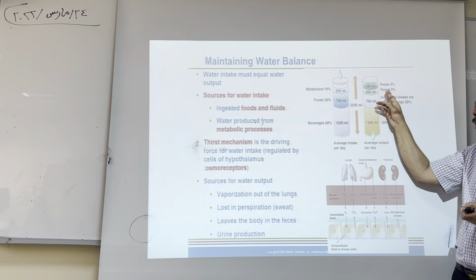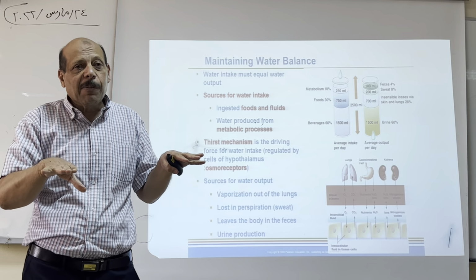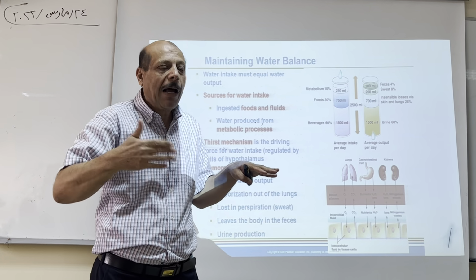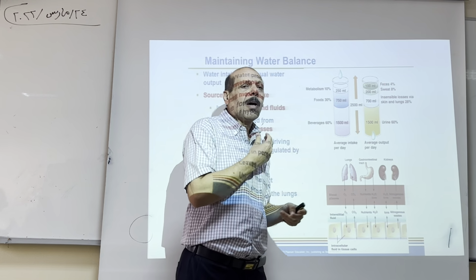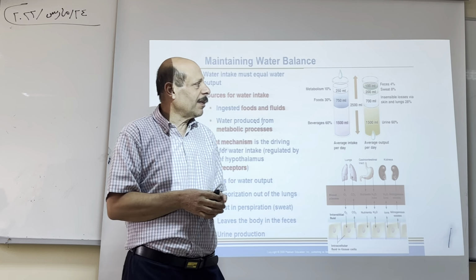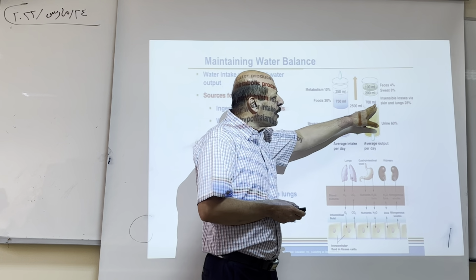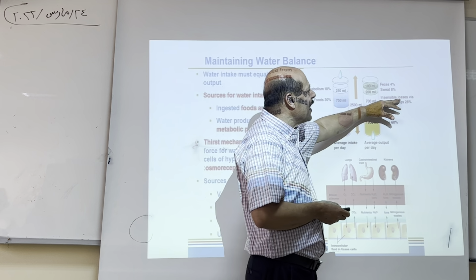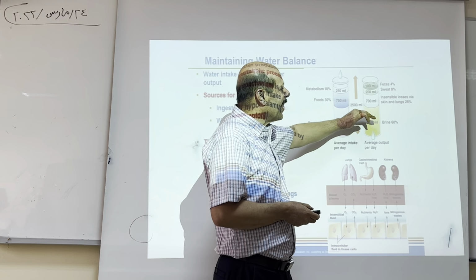This is also in moderate climate, not in hot climate when you are outside. If you are outside in hot climate, you are losing too much through sweating. And then around 700 ml of water is the insensible loss via the skin and the lung.